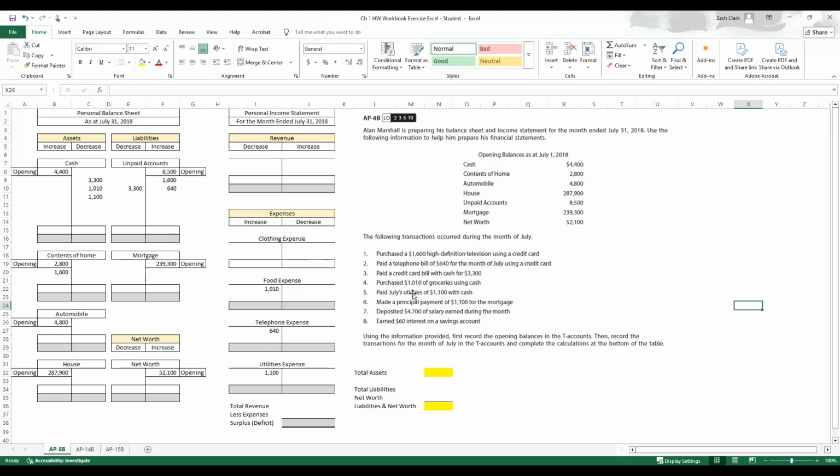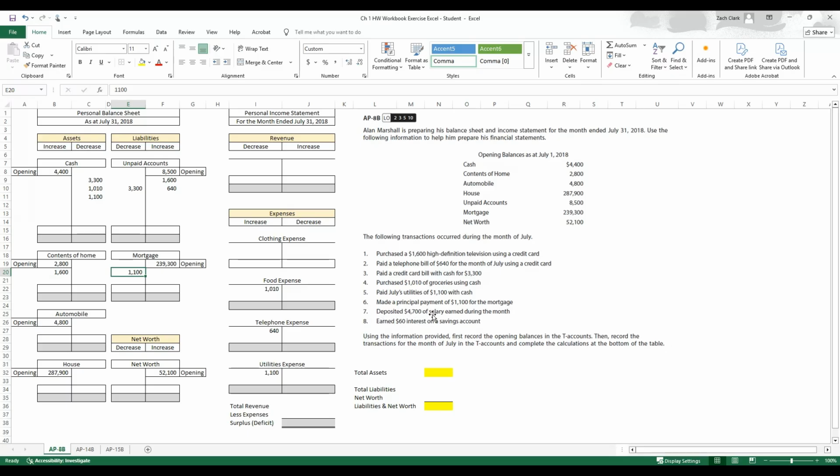And so here we said $1,100, and the fact that it's a principal payment in total means that we're going to reduce the loan liability for the mortgage by the full amount, $1,100, instead of a portion like we would have seen otherwise, with a portion of that payment going to interest expense on our side, or interest revenue for the bank. It would be an interest expense for us if we were paying the mortgage and a portion of it was interest, not just principal. Okay, so that's number 6.